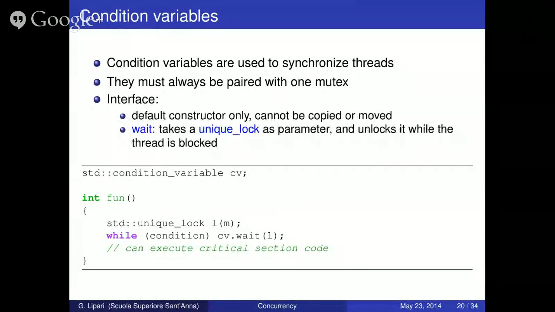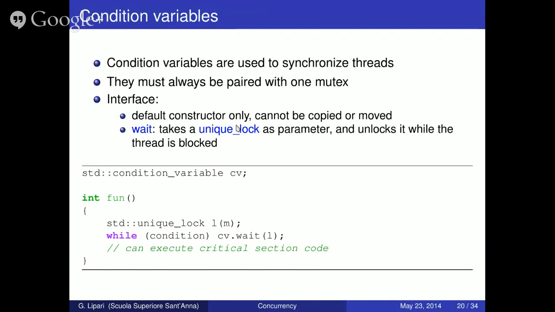So the typical usage is to pair them with a mutex. And so basically the idea is that you take a lock, then you check a condition inside a while, and if the condition is verified, you are going to block.